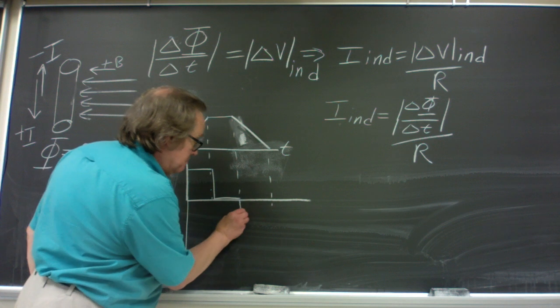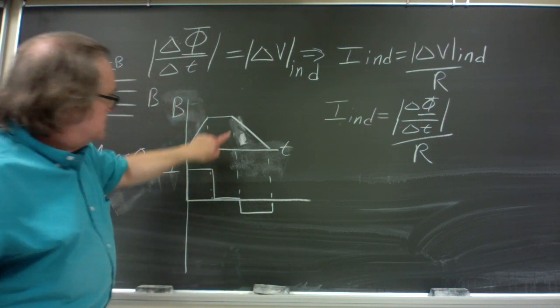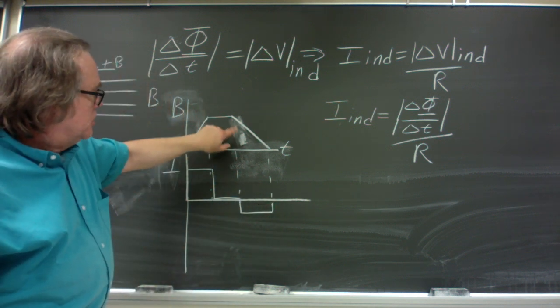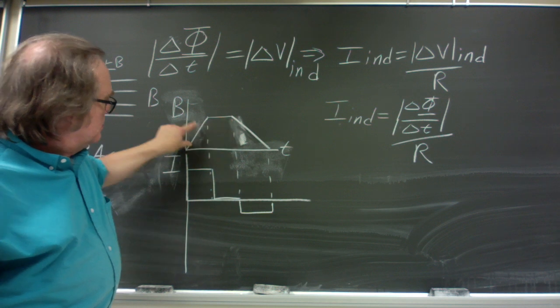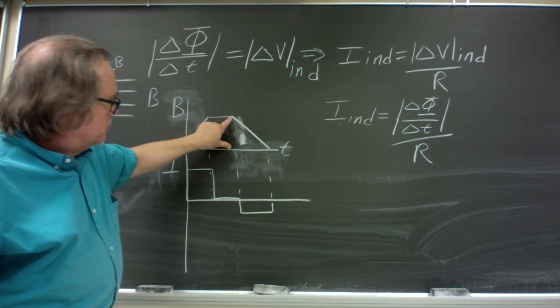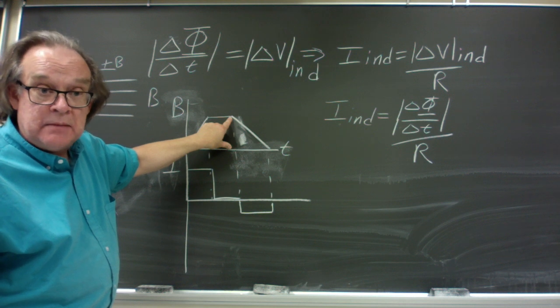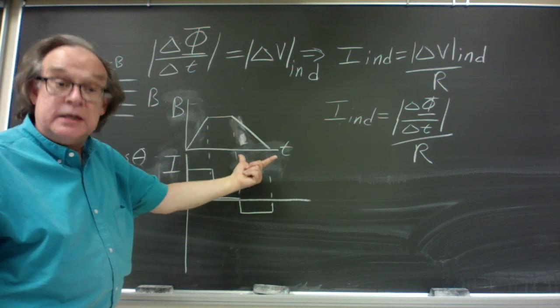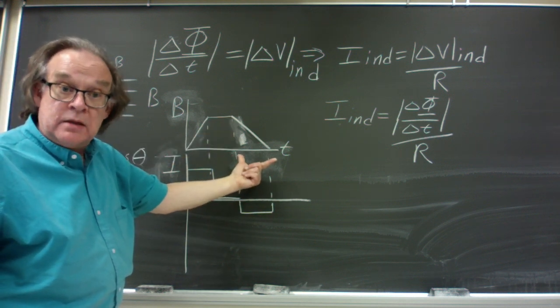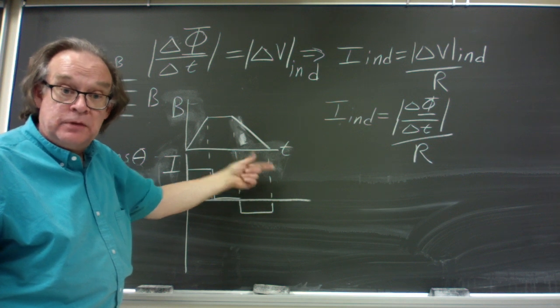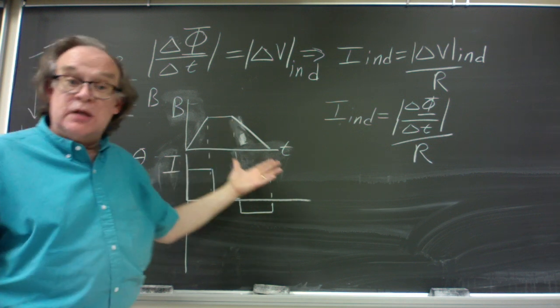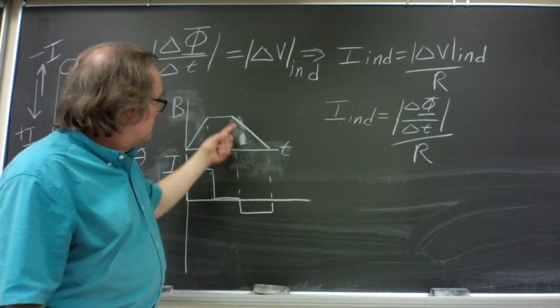How do we know that? Because here, during this time interval and this time interval, the amount of change in the field is the same, but during this time interval, it takes longer to make that much change in the field. So the field is changing at a slower rate. Right?